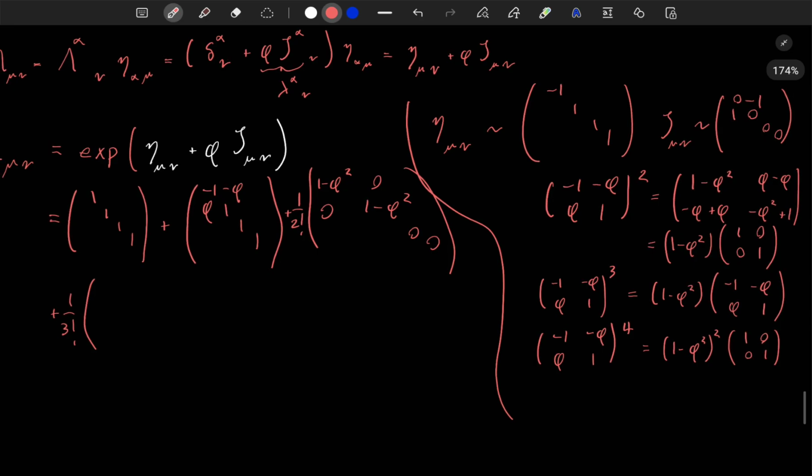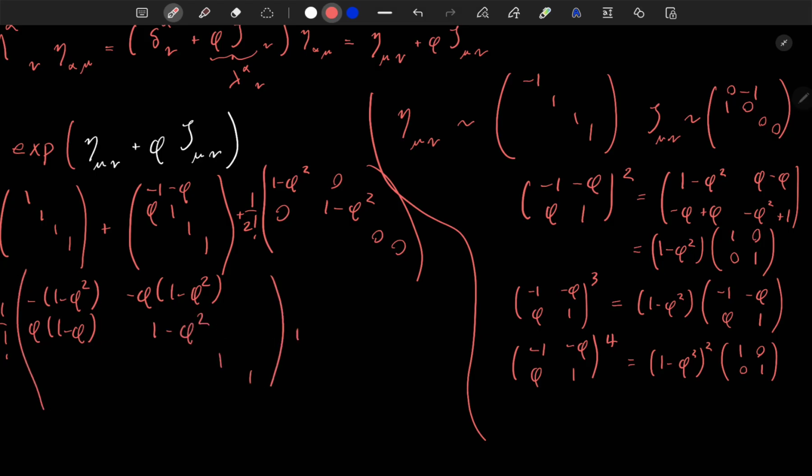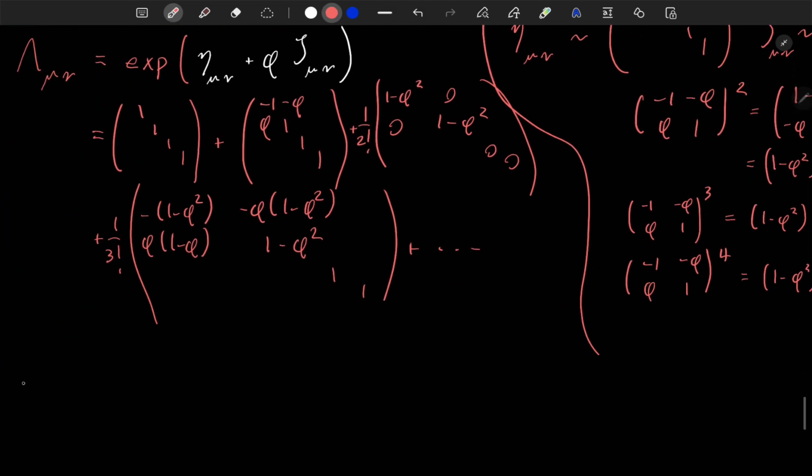Let's write that out. Negative 1 minus phi squared, negative phi, 1 minus phi squared, phi, 1 minus phi, 1 minus phi squared, 1, and so on. Now let's see if we can unpack the pattern.